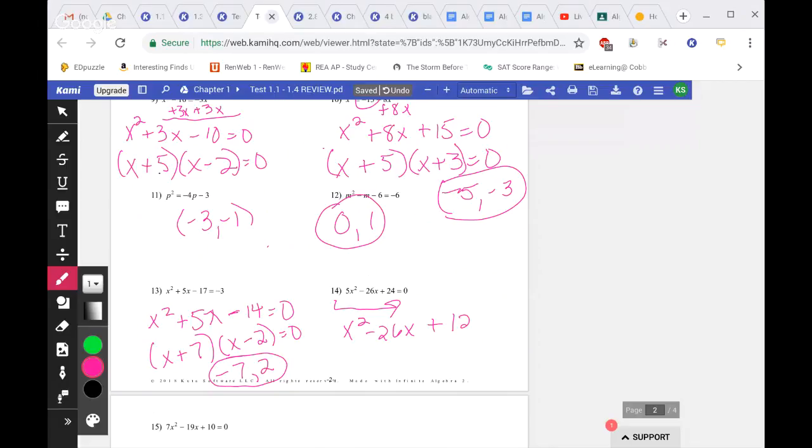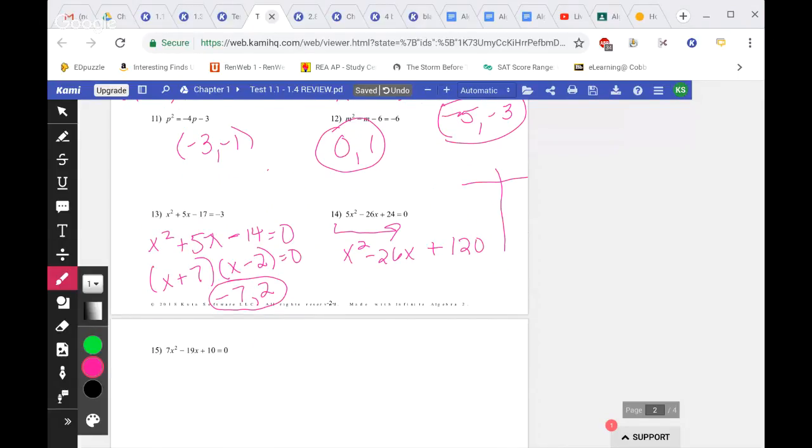Yep, 120. So now this is the one where I think you like to do this little thing with the products, right? You're looking for all of the different factors that multiply, and then this is the sum.